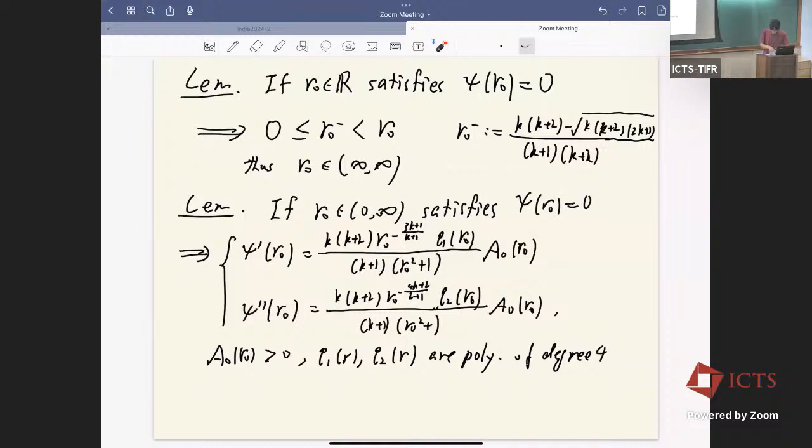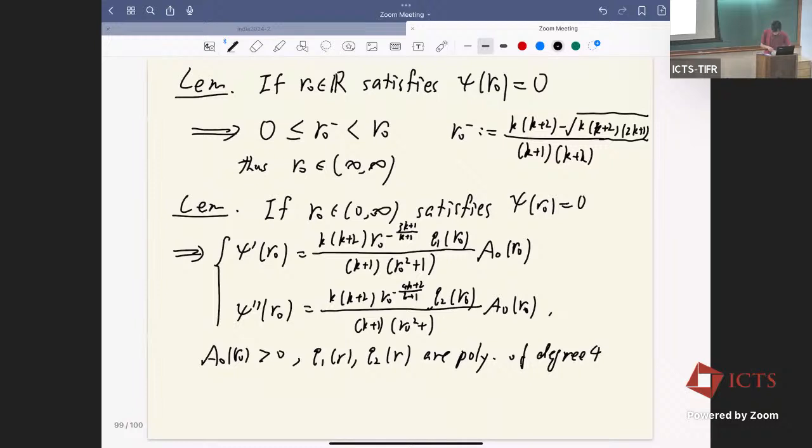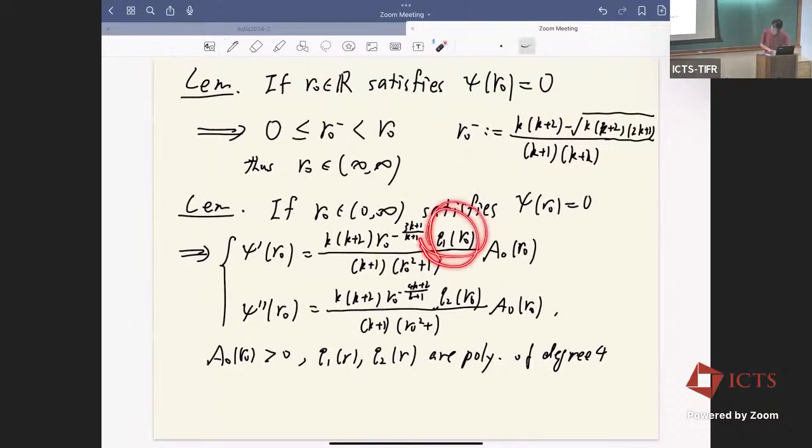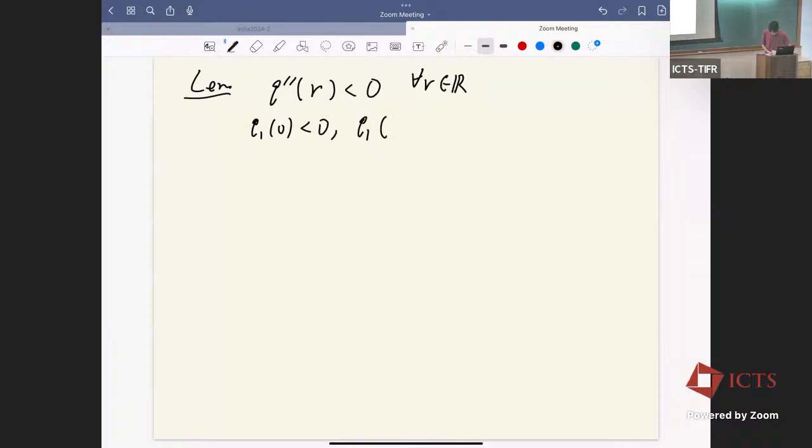And now we can say, Q1, now we focus on this Q1. Okay. So Q1 double prime R is always negative. And also Q1 0 is negative, Q1 R naught minus.